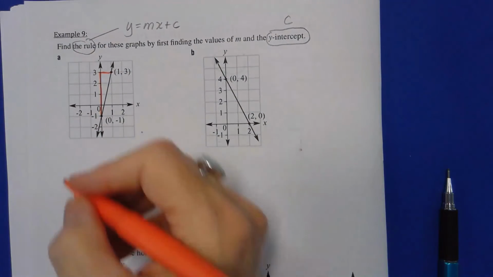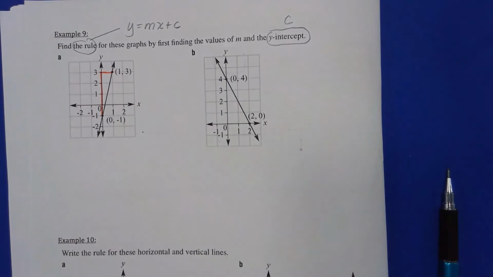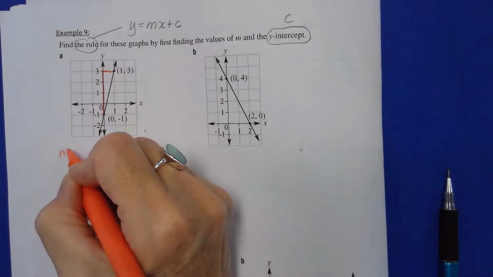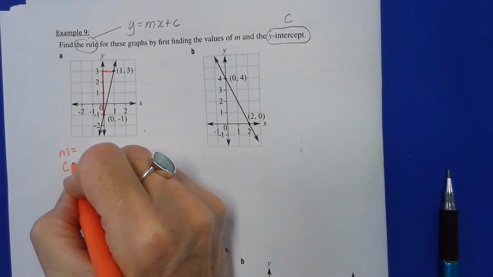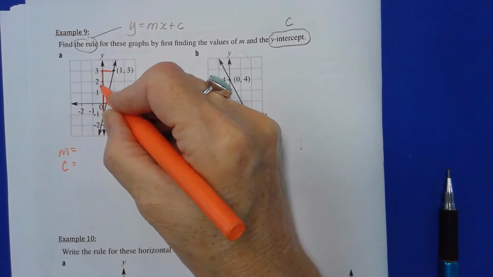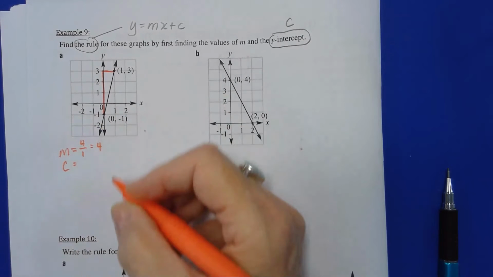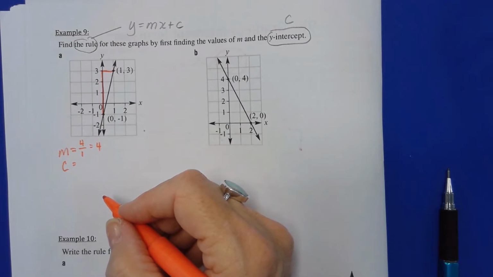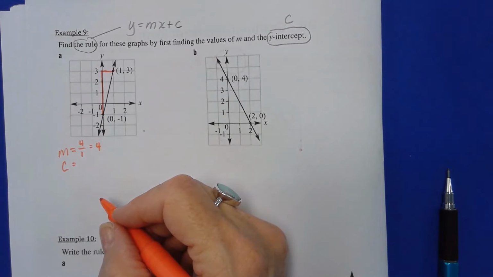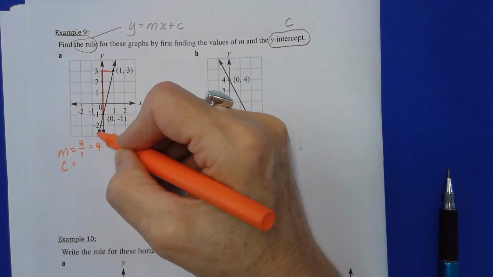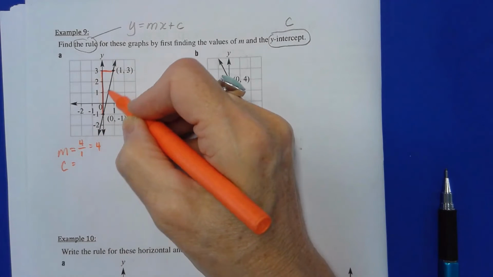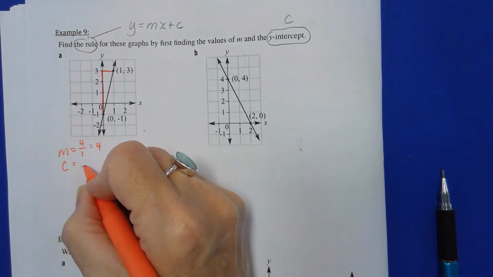All right, what's the m then? Up 1, 2, 3, 4, up 4 and over 1, so it's 4. And what's the c? Where does the line cross the y-axis? -1.